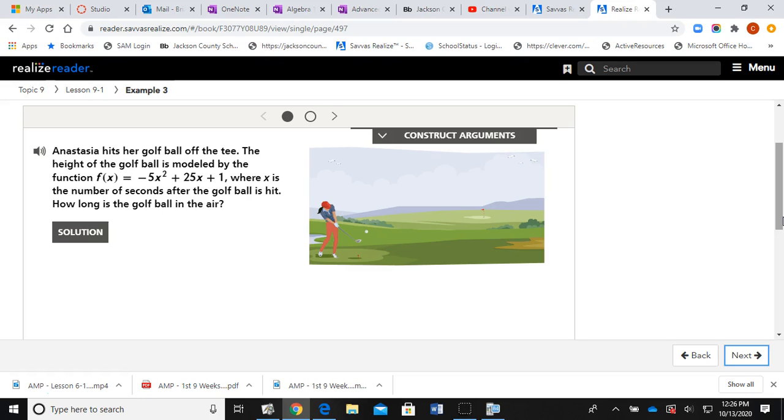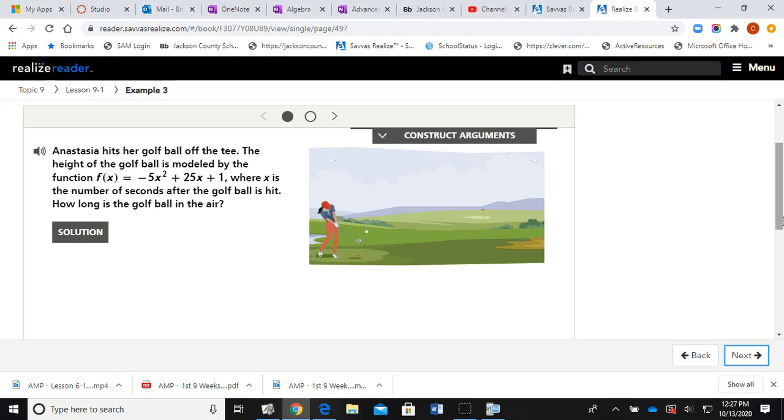It has time, and it has height. I'm looking for how long the ball is in the air. I'm looking for when it hits zero. Time until it touches the ground, and when it hits the ground, what is your height? 0. So basically, you're just figuring out the x-intercepts.